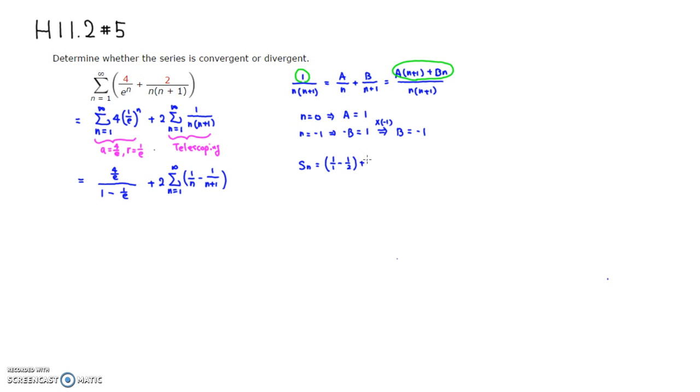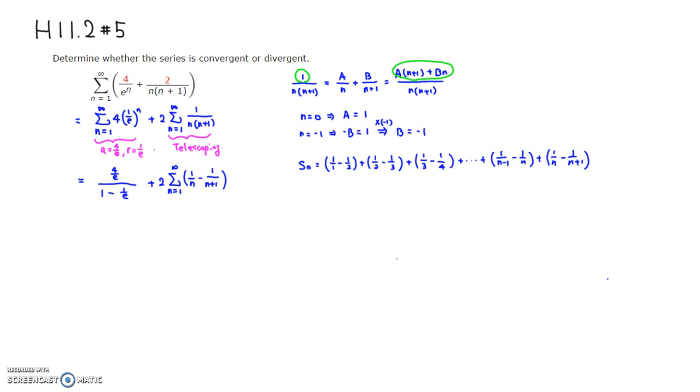When n equals 2, you have 1 over 2 minus 1 over 3. Plus, when n equals 3, 1 over 3 minus 1 over 4, and so on. The second to last one would be 1 over n minus 1 minus 1 over n, and the nth term would be 1 over n minus 1 over n plus 1.